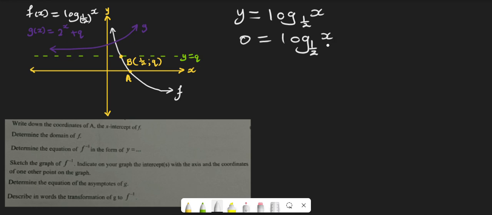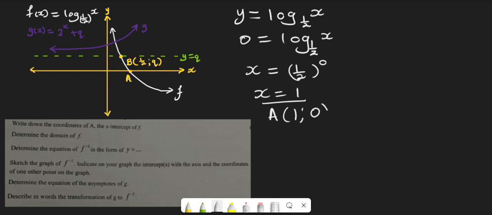To write x as the subject of the formula, since x is the unknown, x is going to be equal to the base, which is half, raised to the exponent 0, and then x is going to be equal to 1, meaning that the coordinates of A, where x equals 1, the y value is equal to 0. So now let's go to the second question.